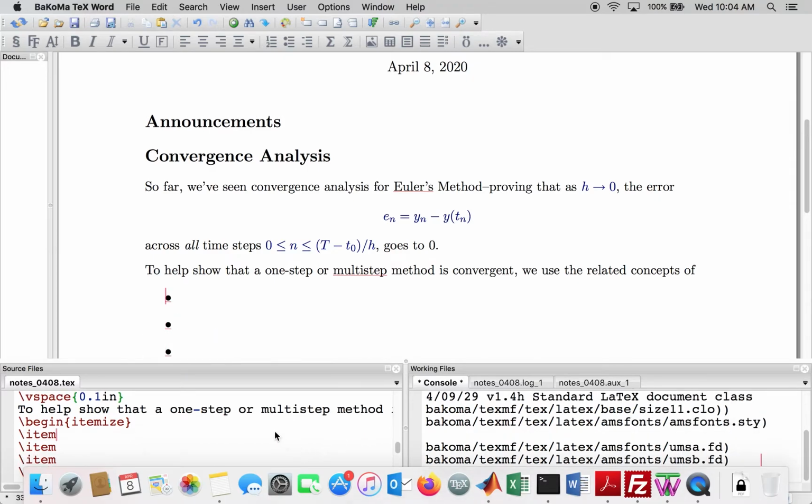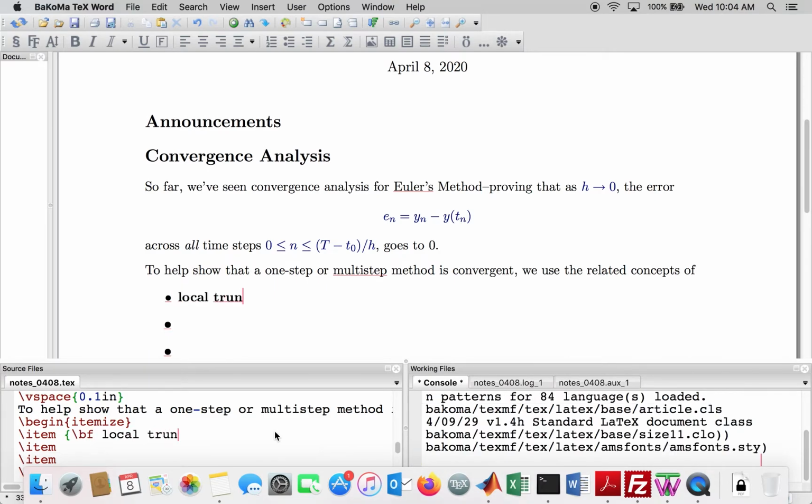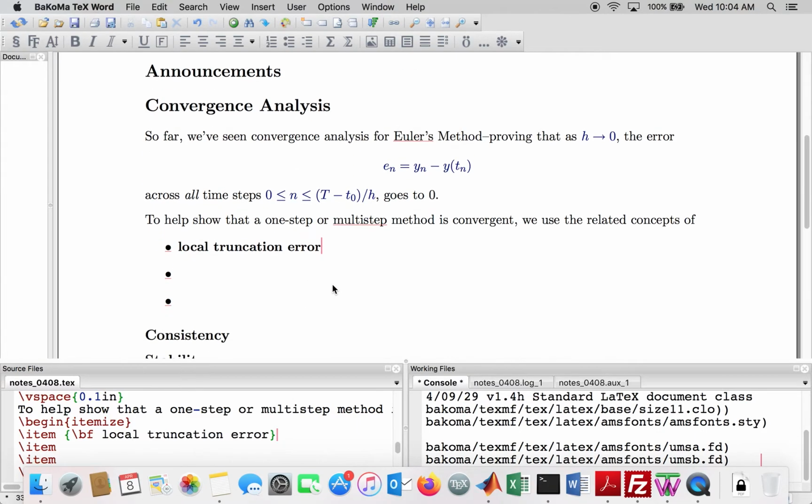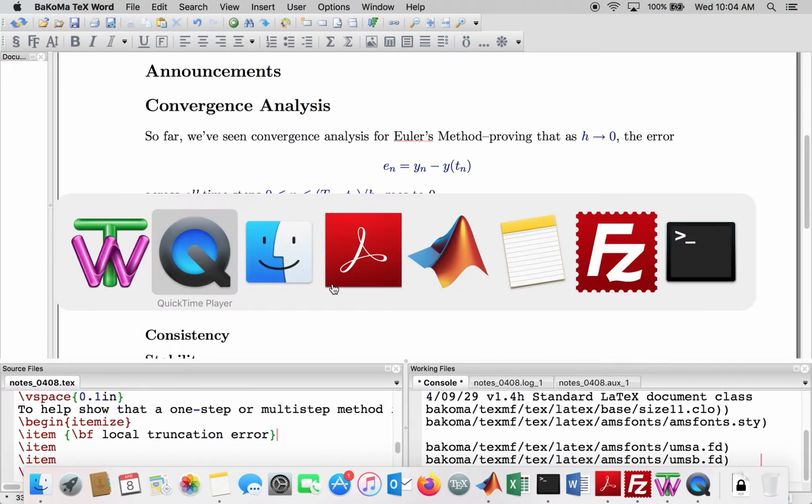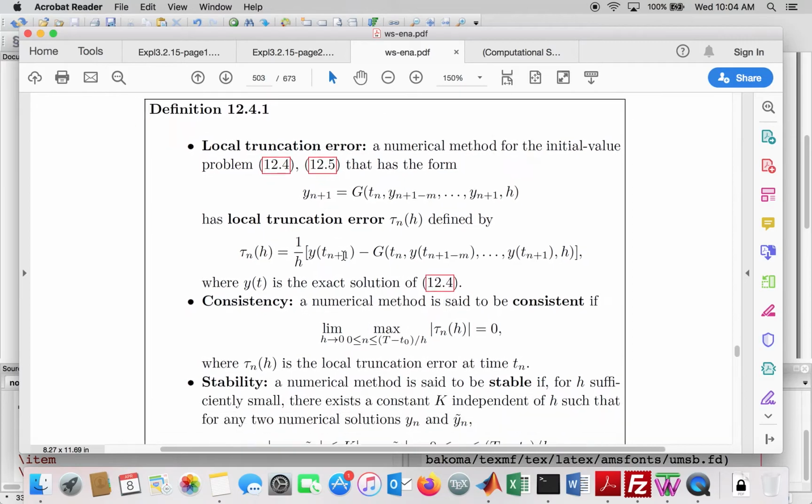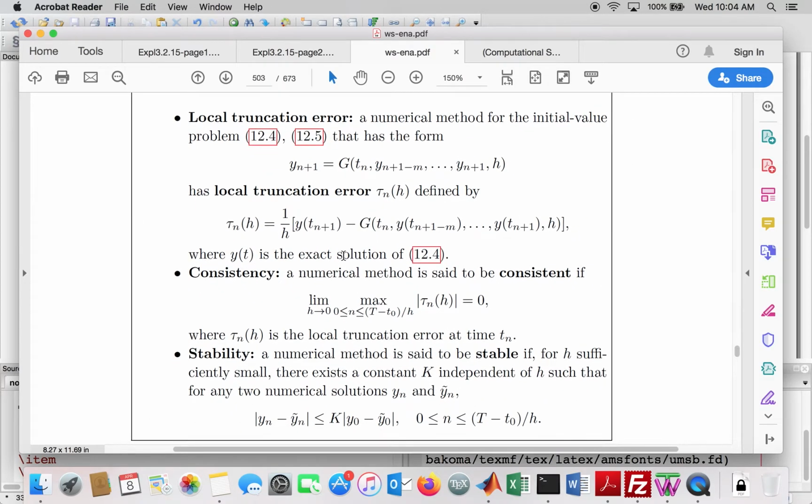All right. First concept I'll introduce is local truncation error. Now, there is a definition of all three of these concepts in the text, but that is rather tedious to follow. What I'm going to focus on in the notes is an informal description of what these concepts are, to help you understand the math behind them.